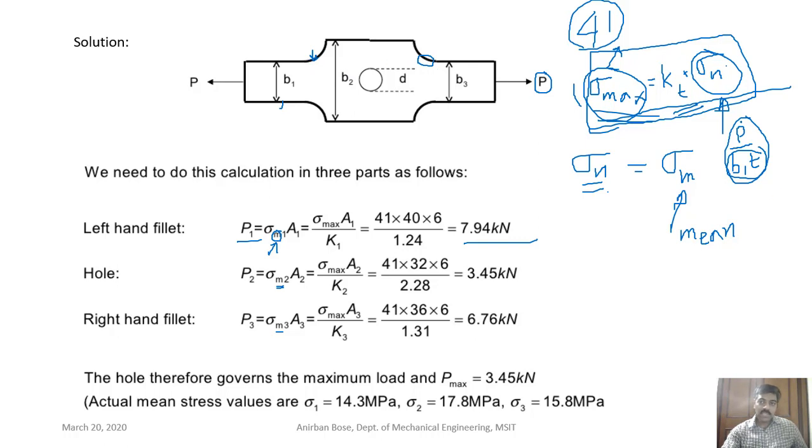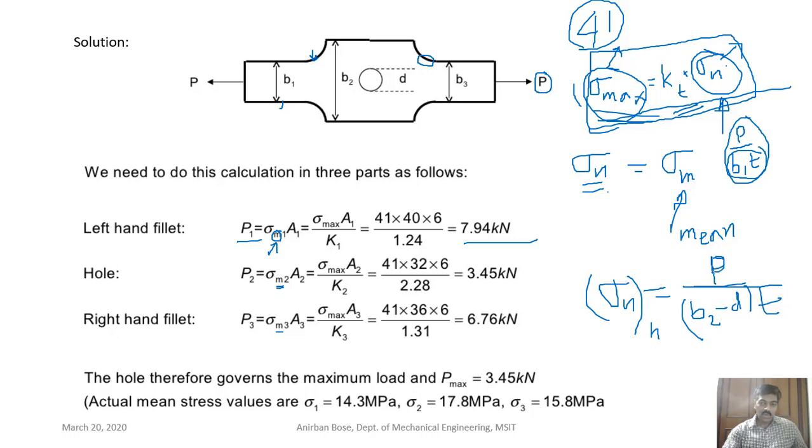Okay, so similarly for the hole, if you want to do the same calculation, the formula will remain the same. The only thing that changes is sigma N. For the hole, sigma N will be equal to P divided by the area, B2 minus D, into T. So this is the area that you have to consider for the case of the hole.